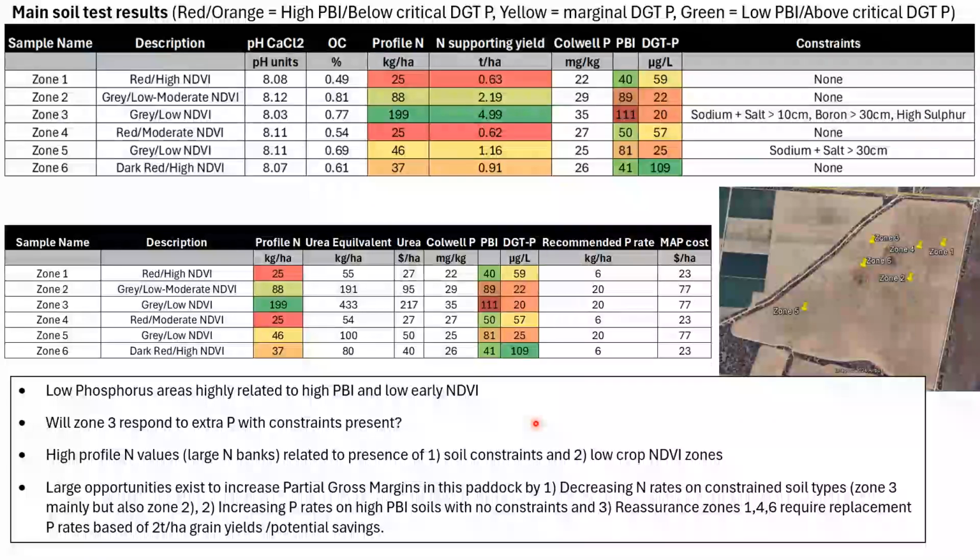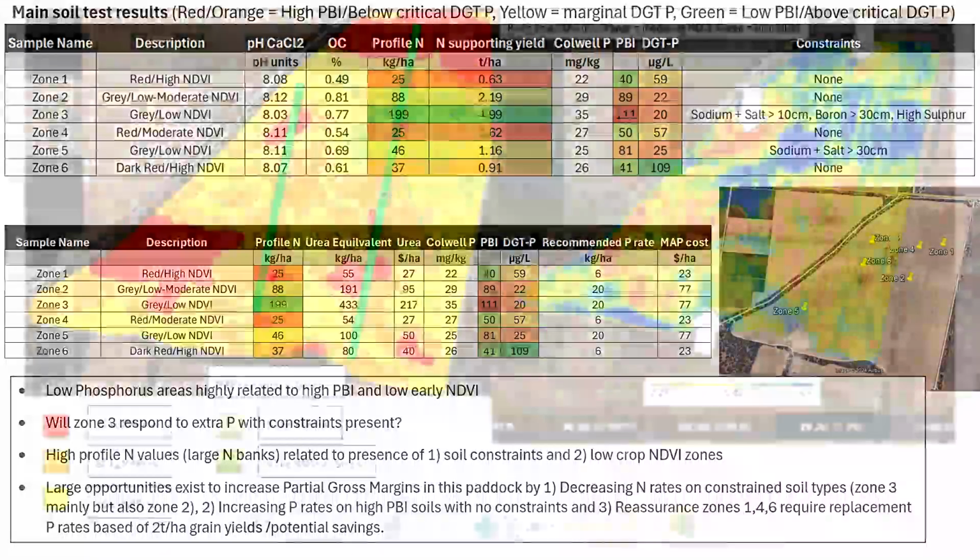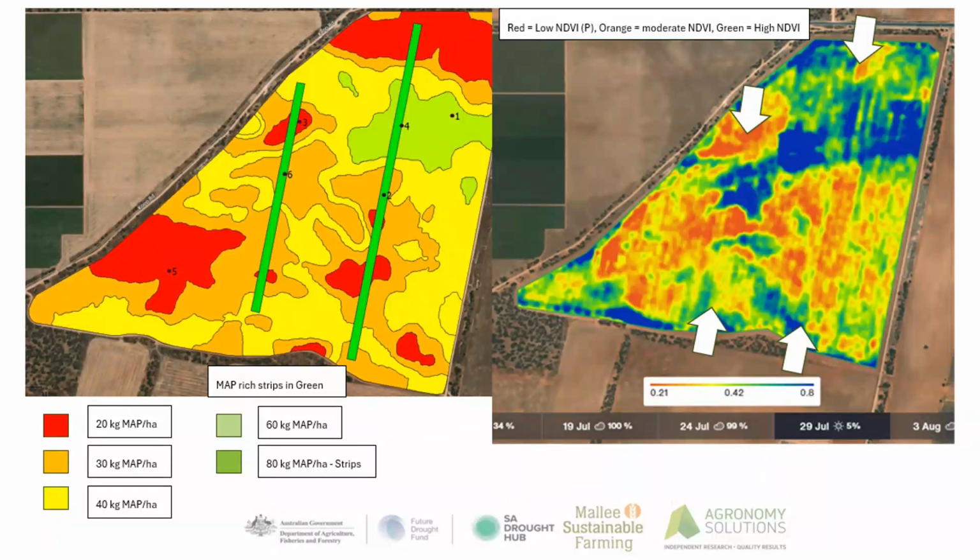So love to see the results from this paddock. This is Pete's VRT map, so we've implemented 2 P-rich strips, so the MAP at 80 kilos, comparing that across some of these sampling zones, so 2, 4, 3, 6, will be really interesting feedback from 2024.